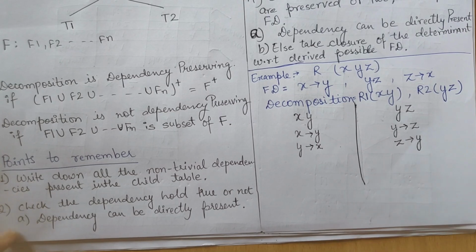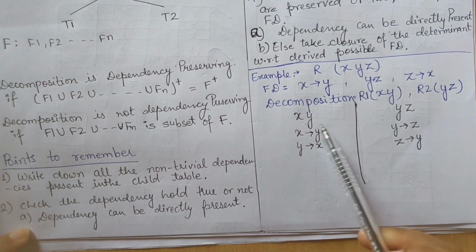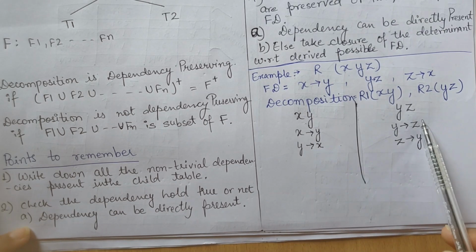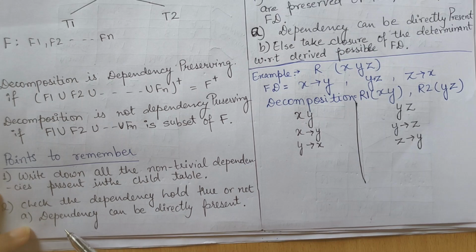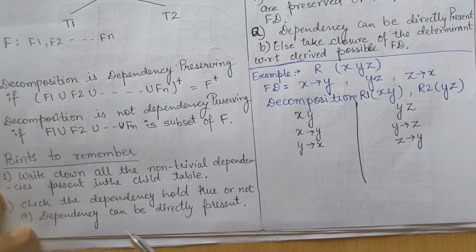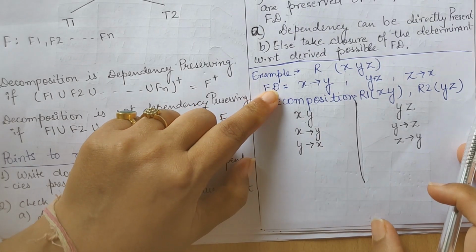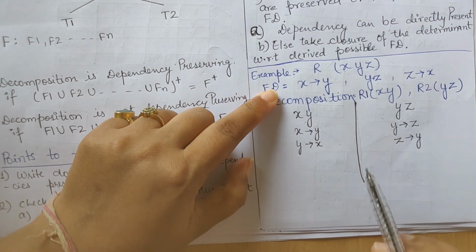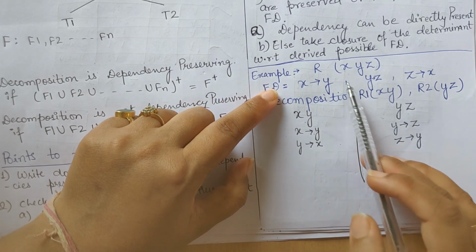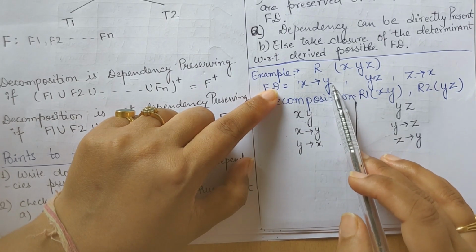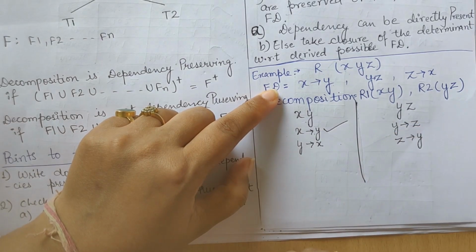The second point is saying check whether the dependencies hold true or not. Now we have to check whether these dependencies are true or not. How can we check? There can be two cases. The first case is the dependency can be directly present. So with respect to the functional dependencies given in the question, I have to check this. So X determines Y, it is directly present in the question. That means there is no confusion, this will hold true.